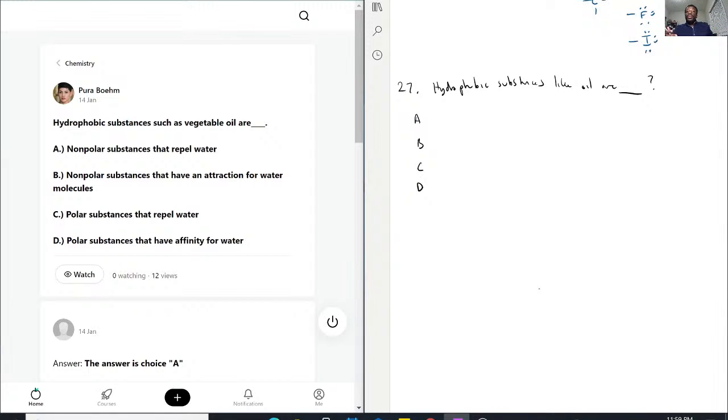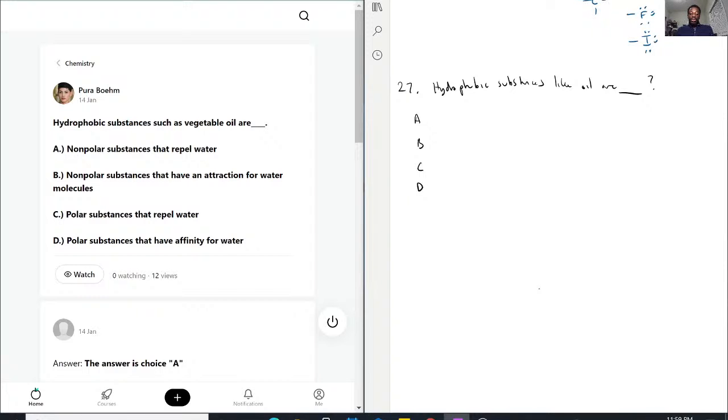And you can actually see that when you try mixing oil with water, or when you're trying to wash oily dishes without soap, it's very painful because the water and the oil just kind of slide off each other and you're still left with an oily plate. But nonetheless, that is what I want you to think about when you think about hydrophobic.